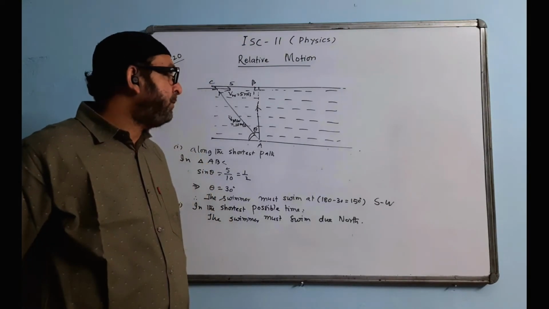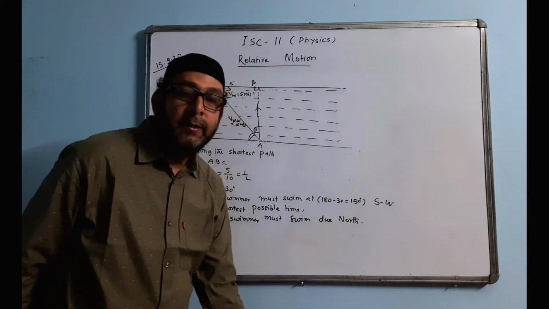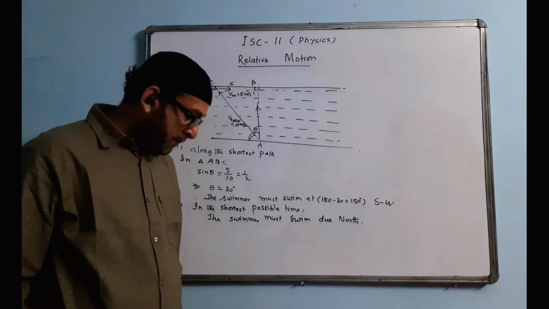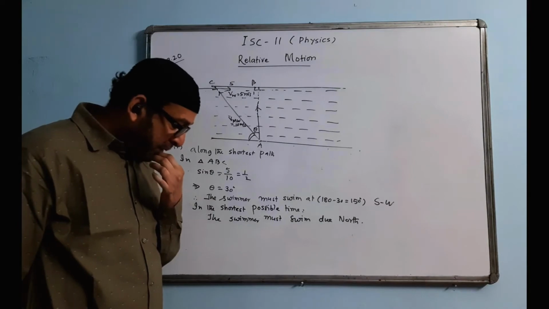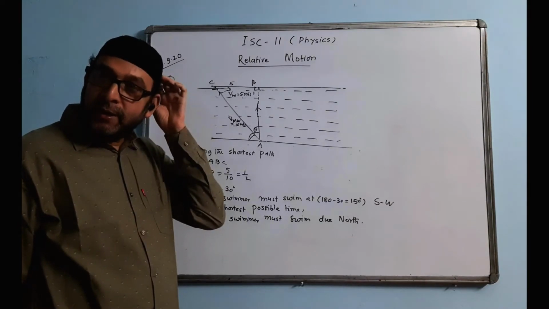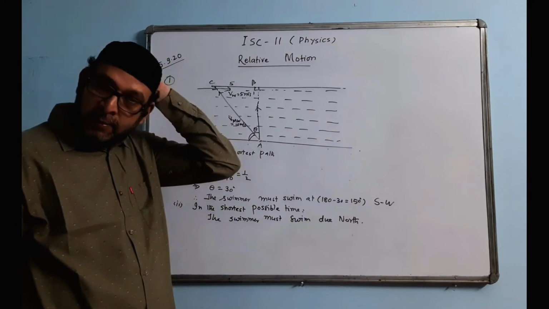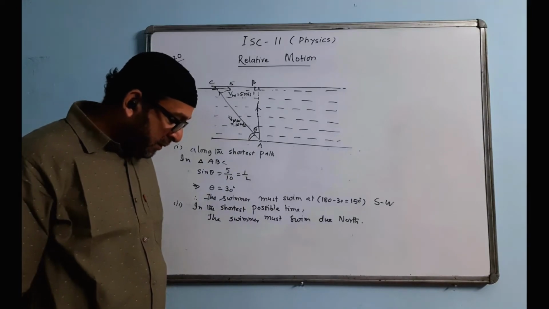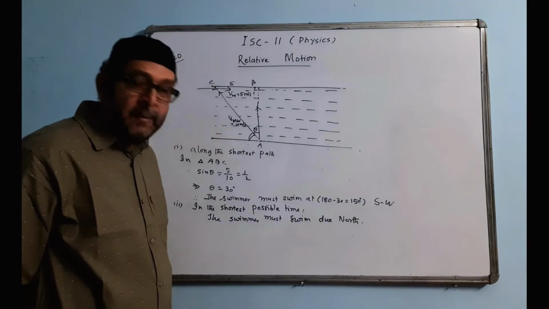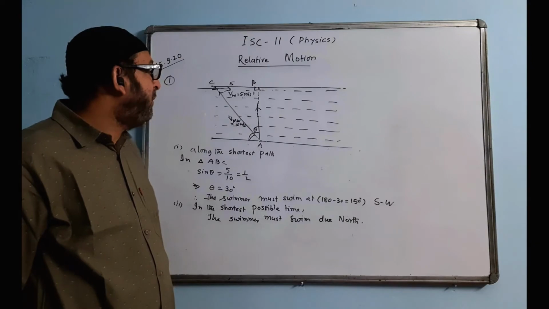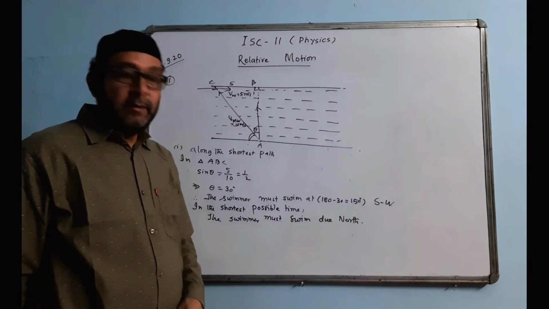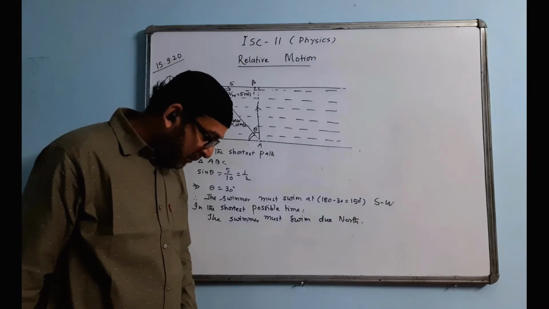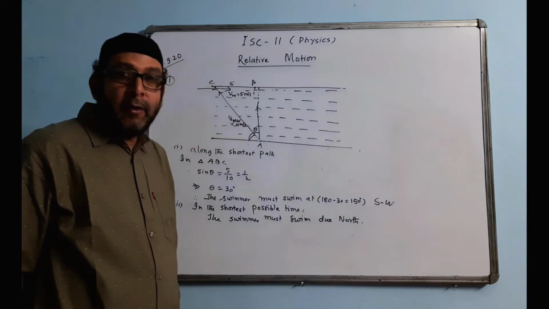Write down: a river is flowing from west to east at a speed of 20 kilometer per hour.